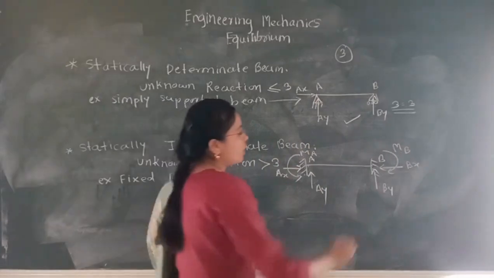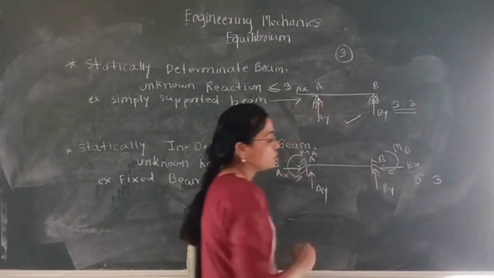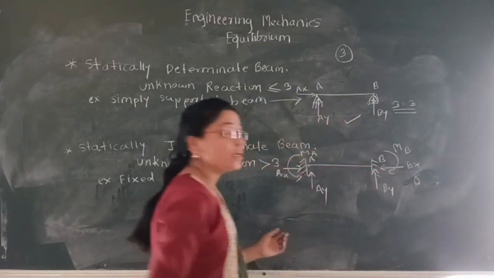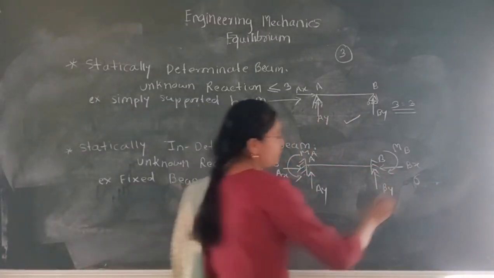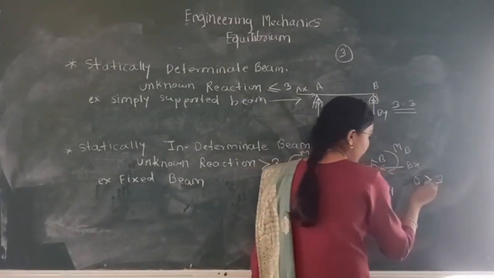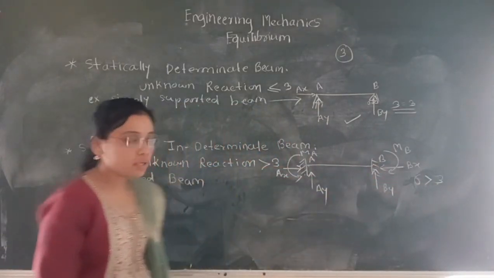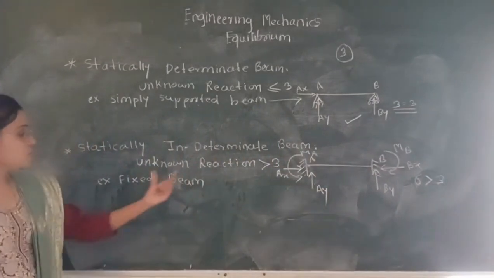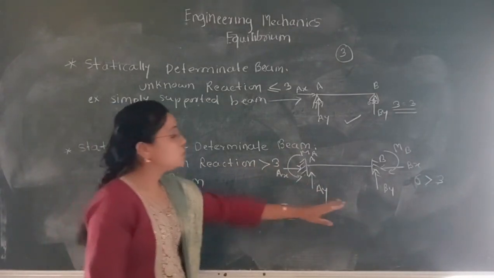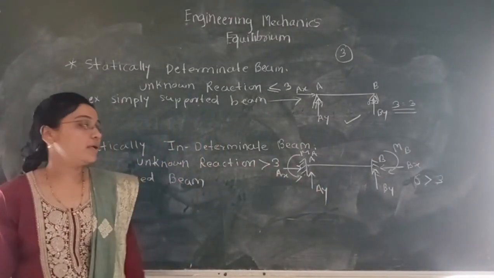So the number of unknown reactions is 6, but we have only 3 equilibrium conditions. So what happened here? The number of unknown reactions is greater than 3, that is our equilibrium condition. So this condition is satisfied here. The number of unknown reactions is greater than 3. So this is an example of a statically indeterminate beam.